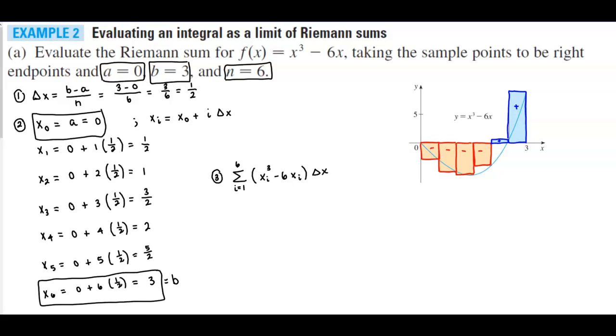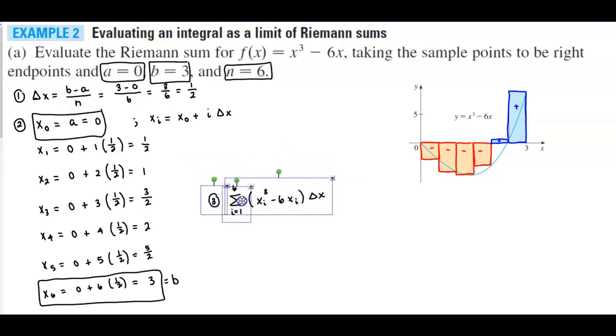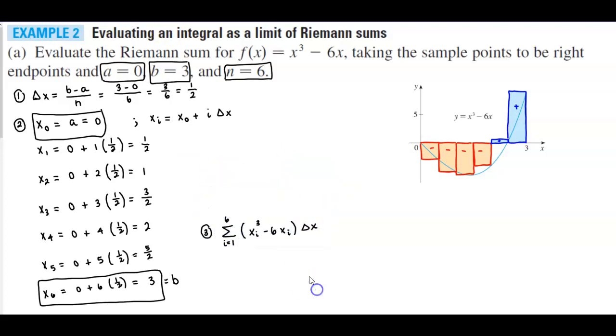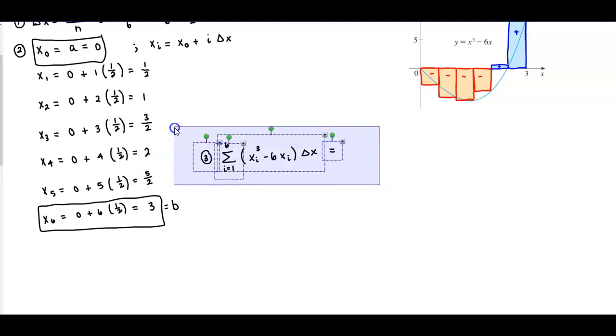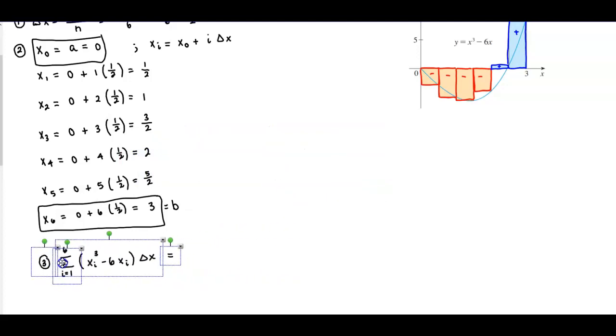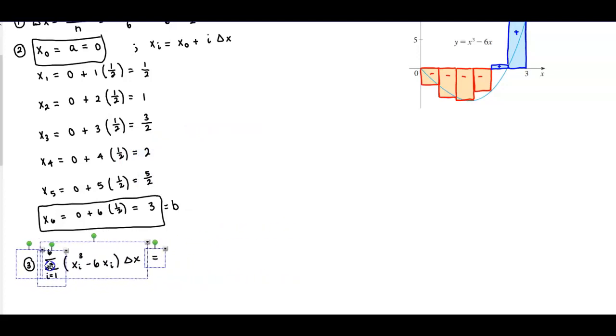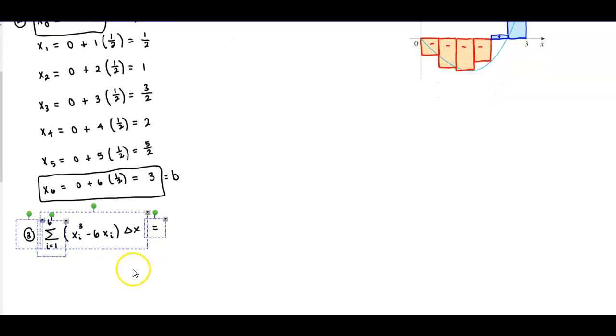So what does that equal? Well, we're going to find the sum of that. I'm going to bring that down a little further to make a little more room for us as we work through this problem.